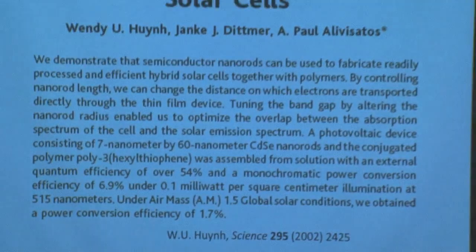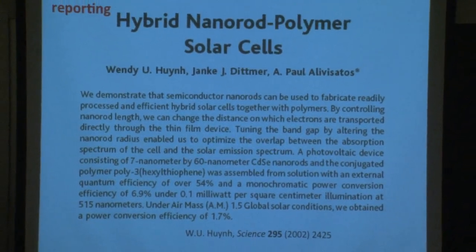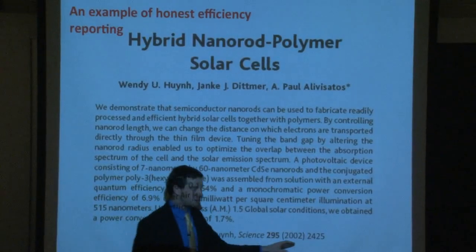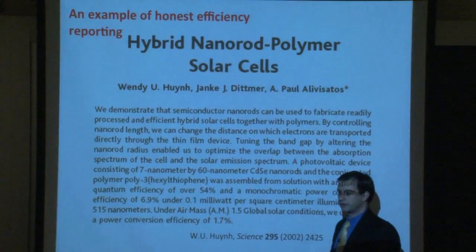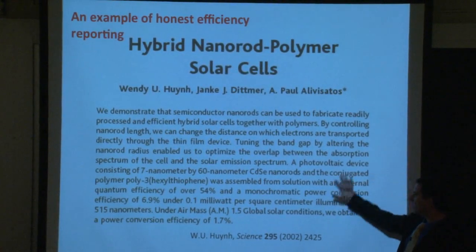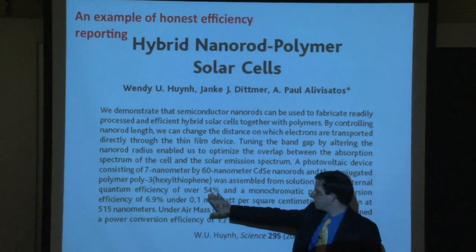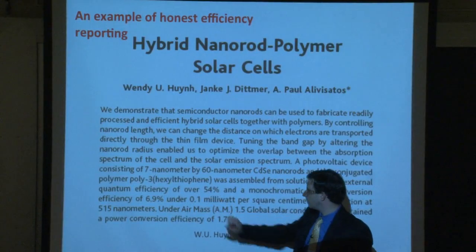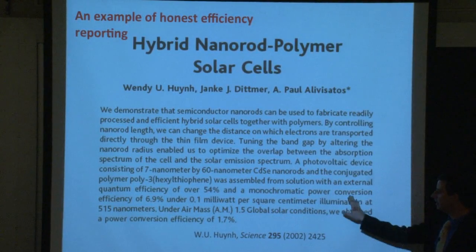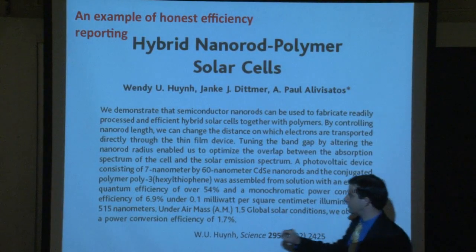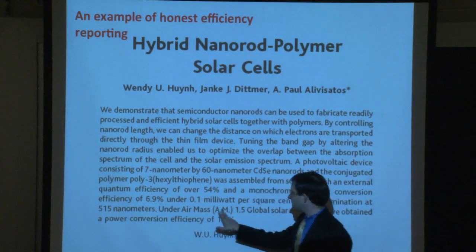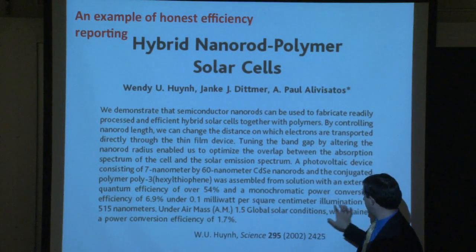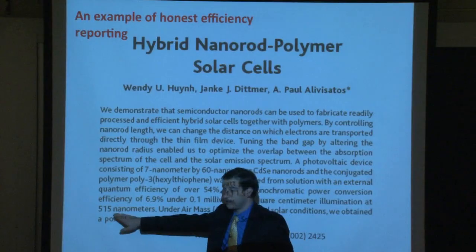This right here, a paper out of Paula Levi-Satos' lab from 2002, was, in my humble opinion, an excellent example of honest efficiency reporting. First off, they picked their highest values and put their best foot forward and said, look, we have a quantum efficiency over 54%, and a monochromatic power conversion efficiency of 6.9% under very low intensity light at 515 nanometers, right?